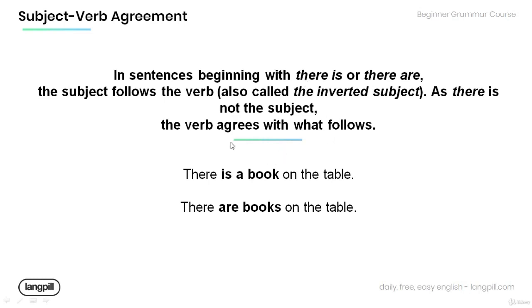For instance, in this example, we have there is a book on the table. There is not the subject, book is. So the verb must agree with what follows, book. There are books on the table. Again, are agrees with the subject books, which is in its plural form.